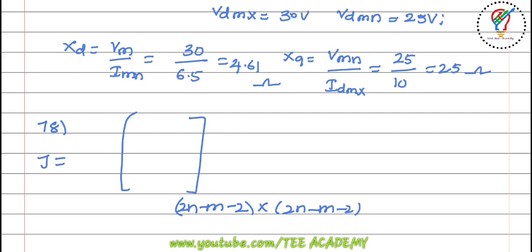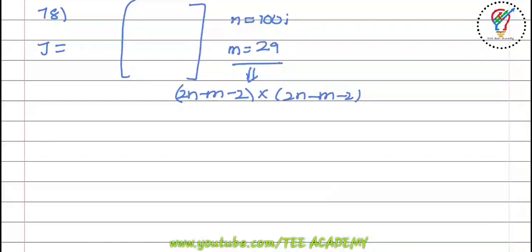Now what is the given data in that question? There are 100 buses, so n value is given as 100 buses, and 29 are the voltage controlled buses. So we substitute these values in this formula: 2 into 100 minus 29 minus 2.